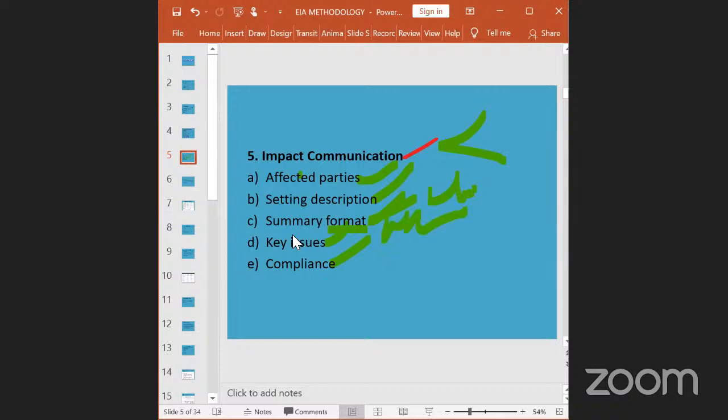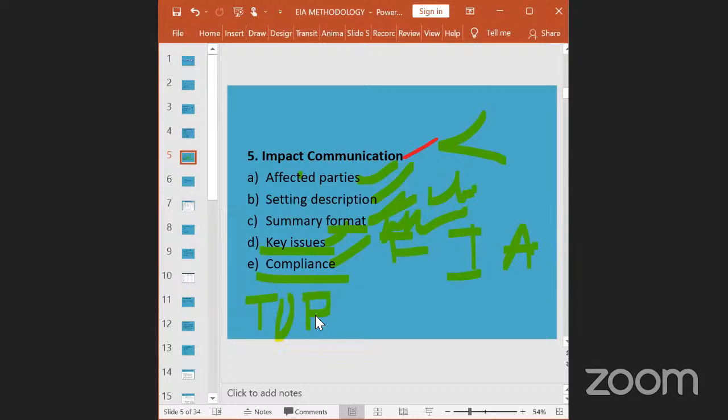The next, key issues. It should provide a format for highlighting the key issues and impacts identified in the analysis, right? And compliance. It is one of the most important factors in choosing a methodology: whether it is able to comply with the terms of reference, TOR.